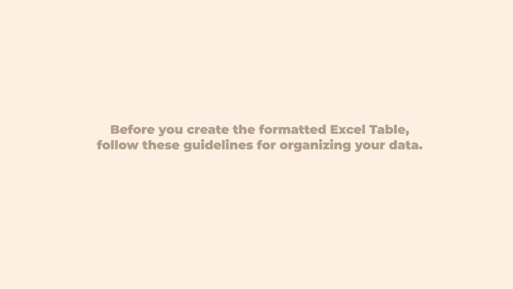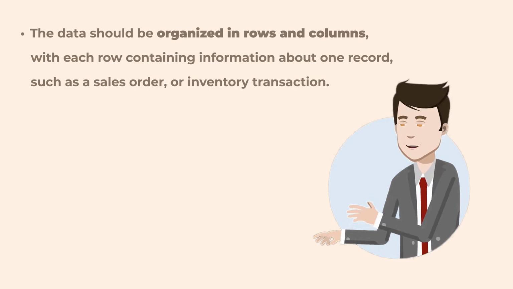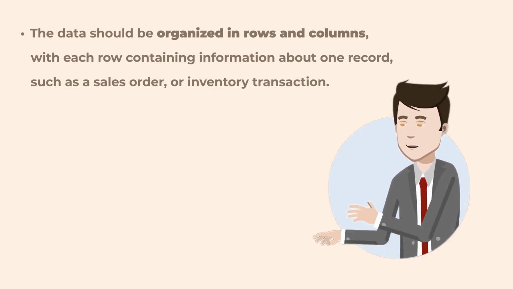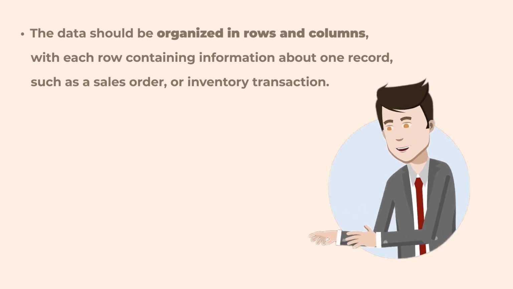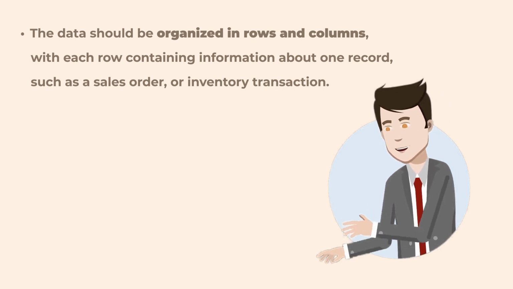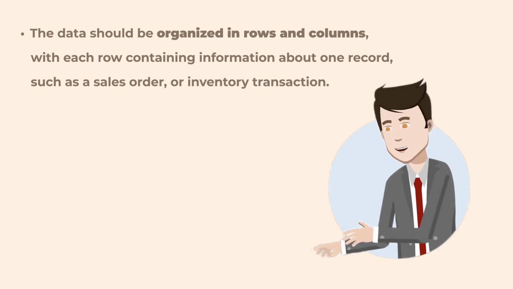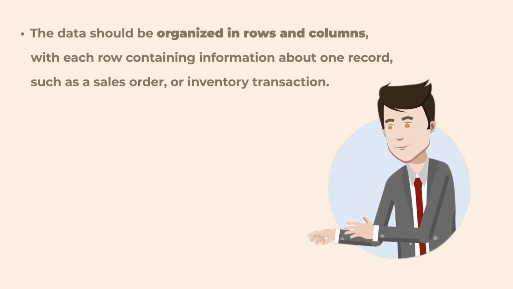Before you create the formatted Excel table, follow these guidelines for organizing your data. The data should be organized in rows and columns, with each row containing information about one record, such as a sales order or inventory transaction.